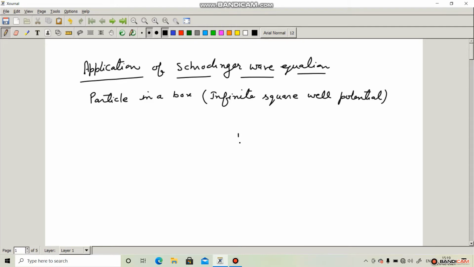Suppose this is y-axis and this is x-axis. We can represent it x equal to 0 and this is L, and it represents the potential. Suppose a particle is moving inside this box.